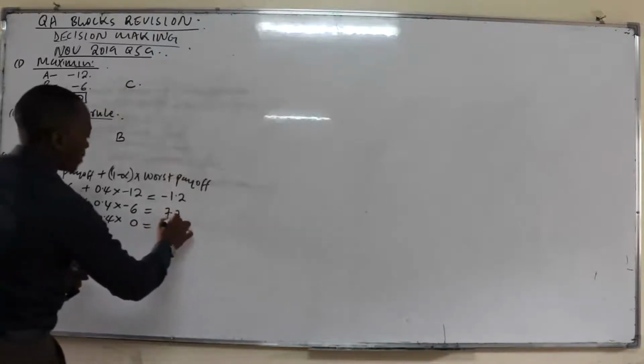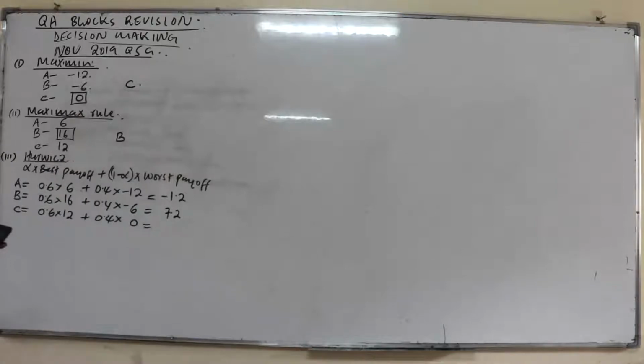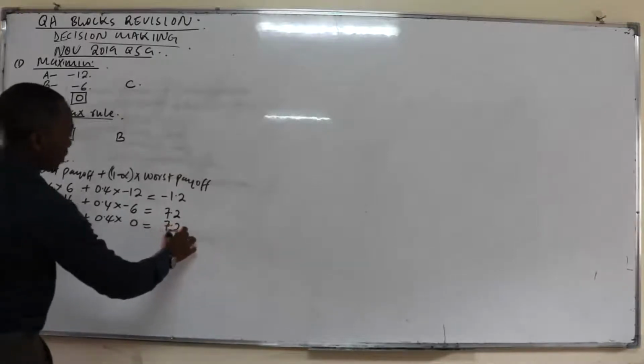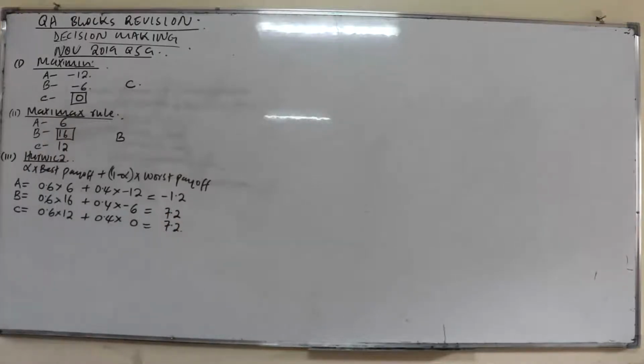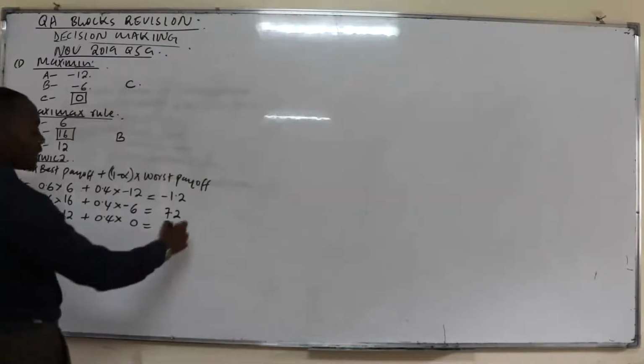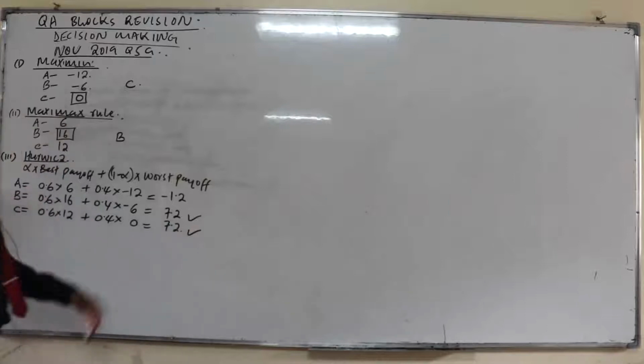Here we have 7.2. We have 7.2. So in this case, once you have the values, you take the maximum, and the maximum is either B or C. So you can select either B or C.